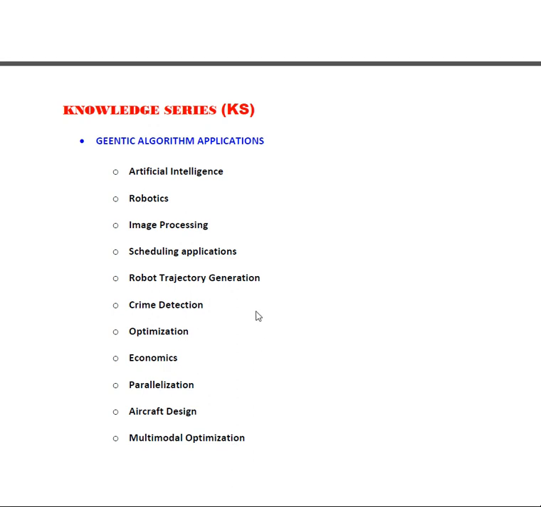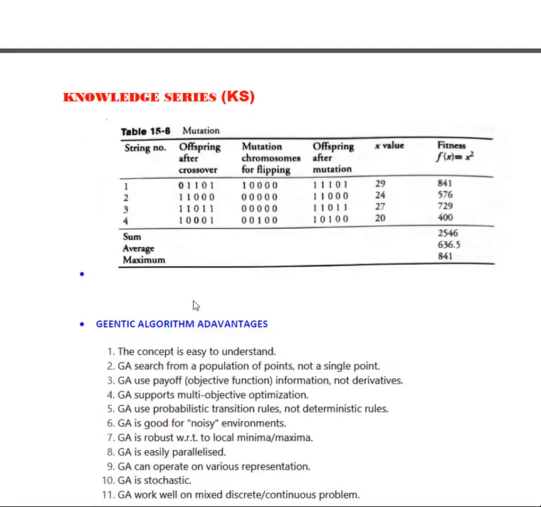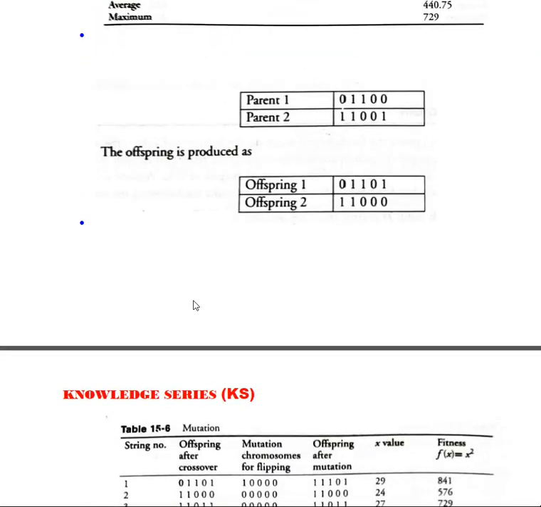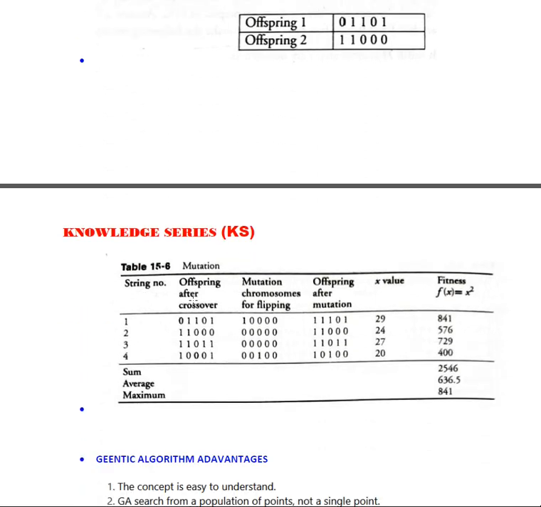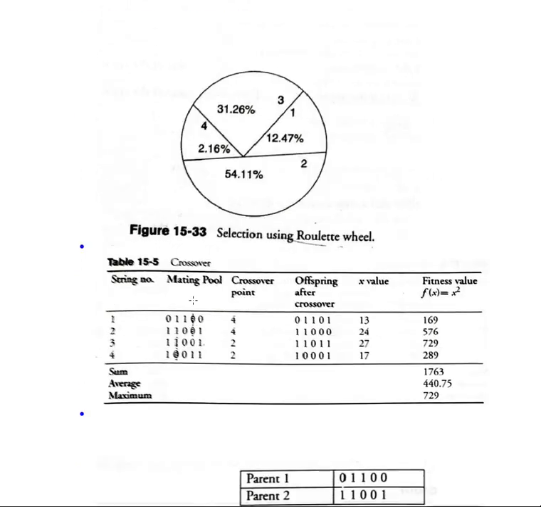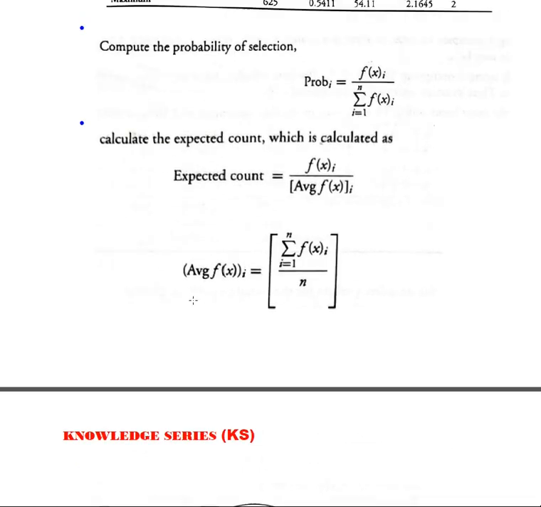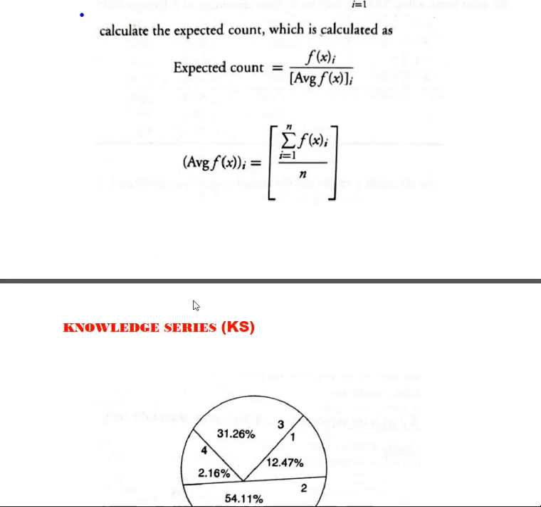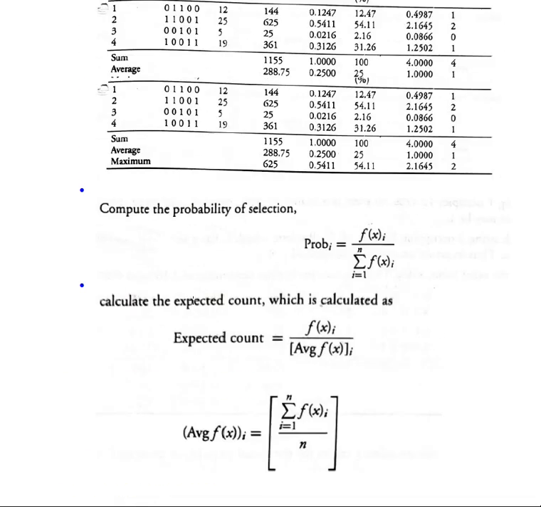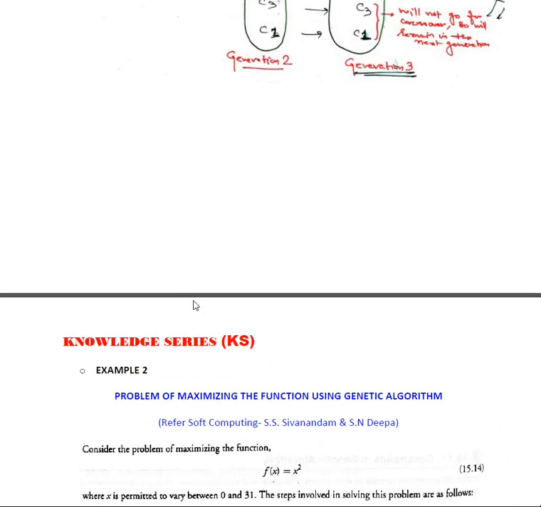Genetic algorithm applications and problems are one of the current research trends, and it has been so for a long time. So with this I conclude the discussion with respect to the genetic algorithm. Thank you.